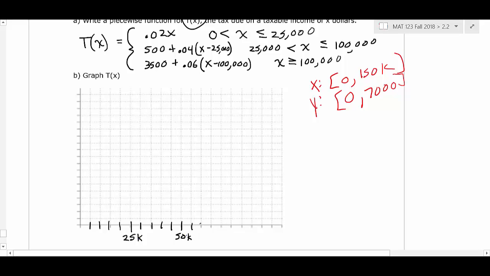Then 55, 60, 65, 70, 75K, and then 80, 85, 90. I think we make it all the way out to 100,000 like that. And you probably want to take it out just a tad bit further: 1, 2, 3, 4, 5, all the way out to 125K.